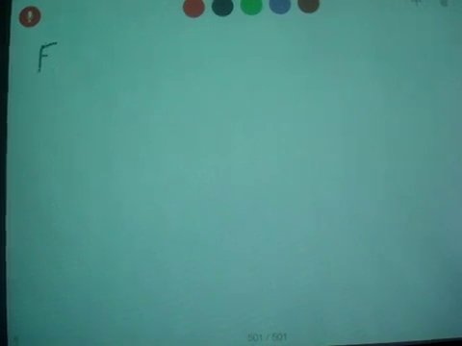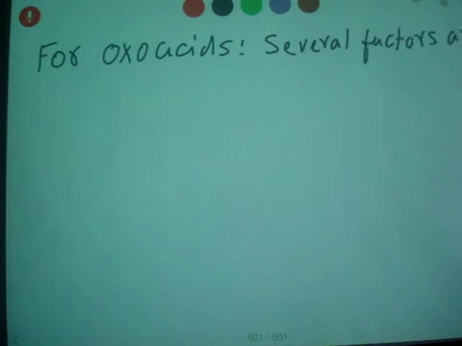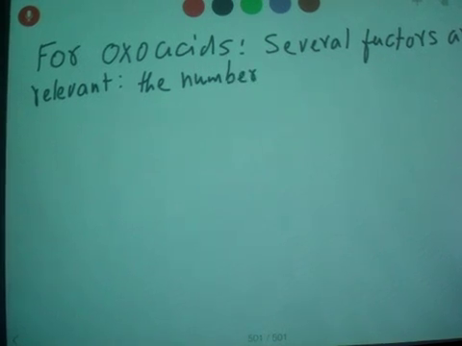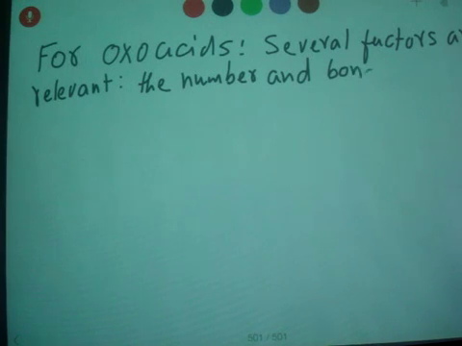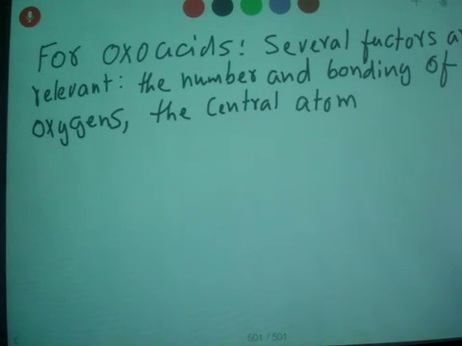For oxoacids, several factors are relevant: the number and bonding of oxygens, the central atom, and the charge on the species.